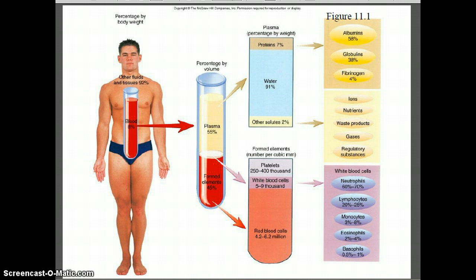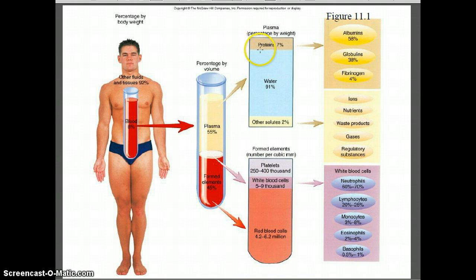And here is our famous model showing us the contents of blood. The formed elements, which are the solid materials of blood, the cellular materials of blood, comprise about 45%. Plasma, the liquid portion, comprises about 55%.